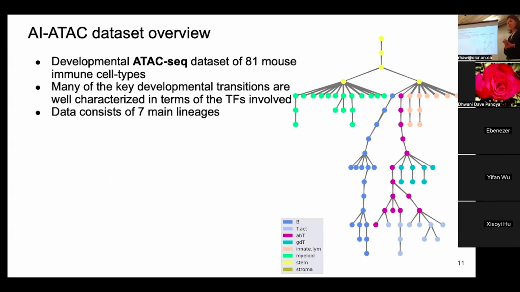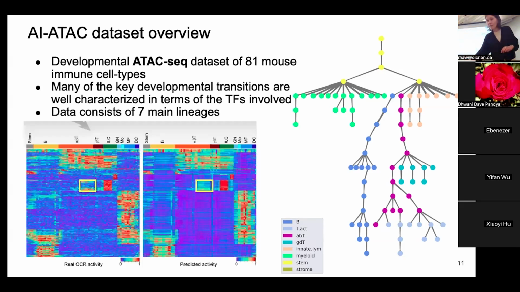The other observation about this data set is that there are 7 main lineages. And when we do predictions, the models perform much, much better across lineages than within a specific lineage.